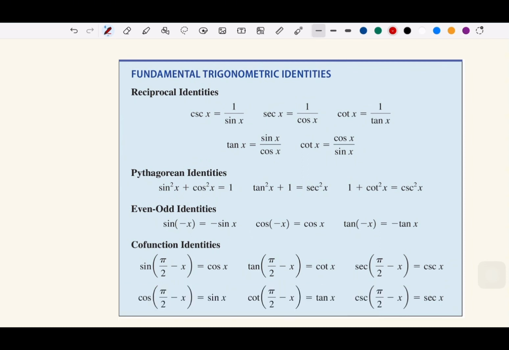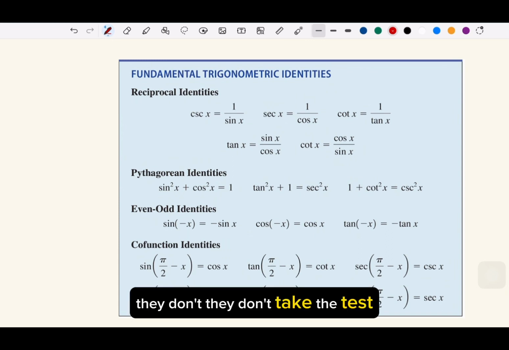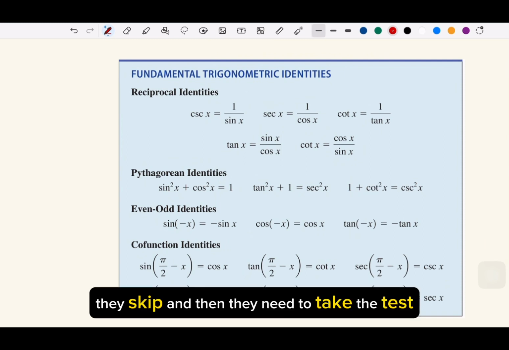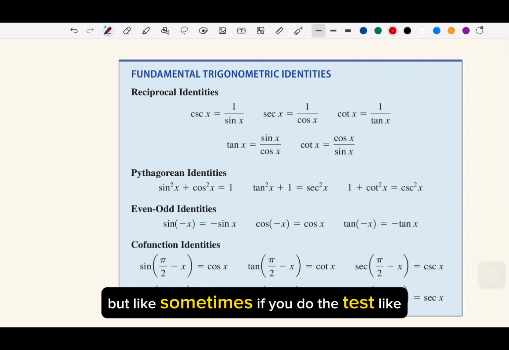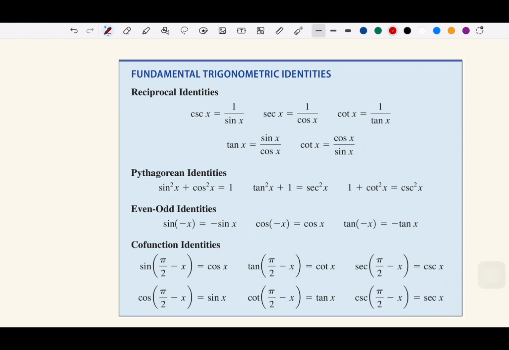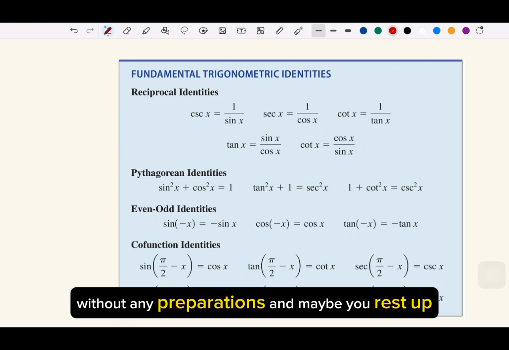Some of the students skip the test and then they need to take the basics. But sometimes if you do the test without any preparation, maybe you mess up.